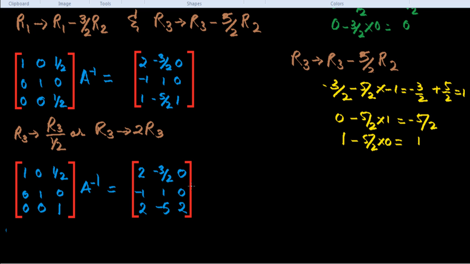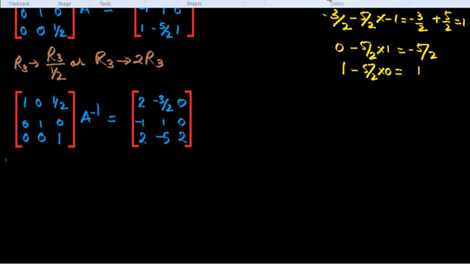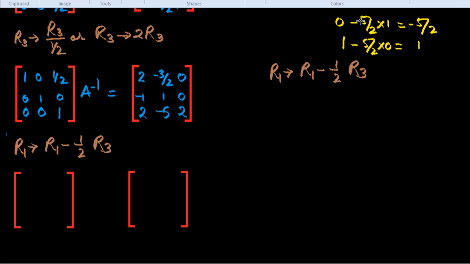Now we have to convert this 1 by 2 into 0, we transform this. So R1 tends to R1 minus 1 by 2 R3, because R3 is 1 here. So in the left side, now take a look at this R1.